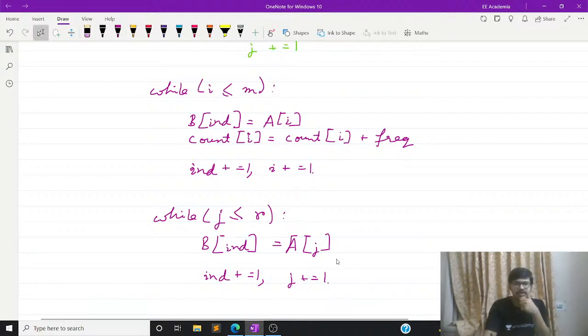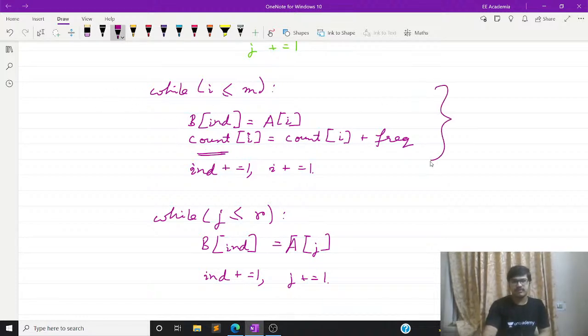Here you don't need to update the count because these are elements from the right half of the array. So for them you don't update the count. You only update the count for the elements of the left half. This is the left half. This is the right half.